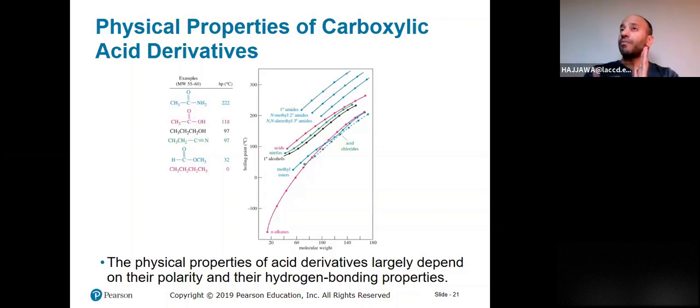The trend always goes from primary amide to carboxylic acid to alcohol to nitrile to ester. The alkane, obviously, has no polar intermolecular force; it's London dispersion forces that contribute to the low boiling or melting point of these alkane structures.